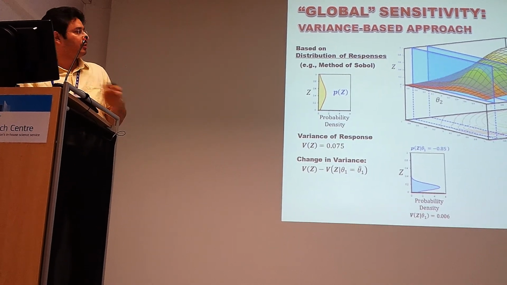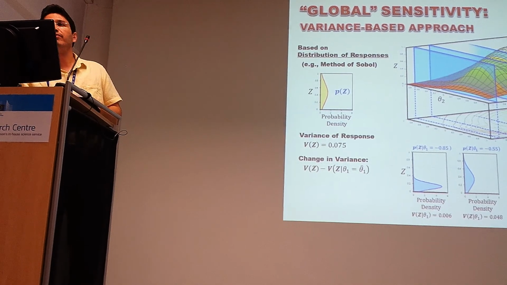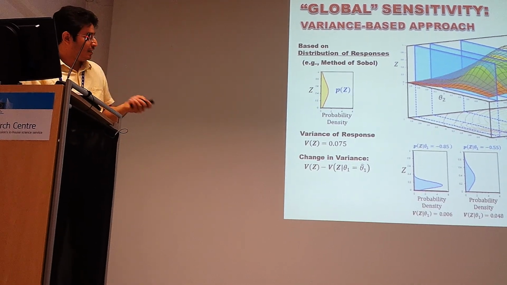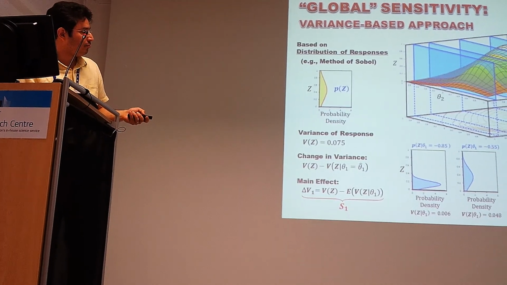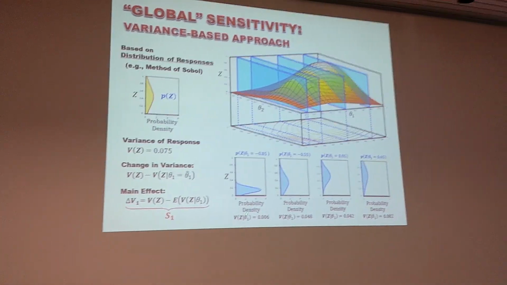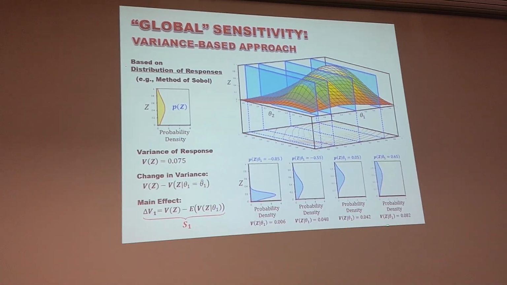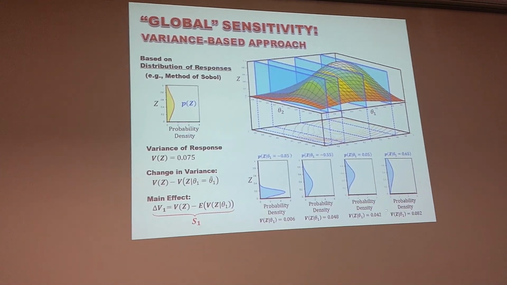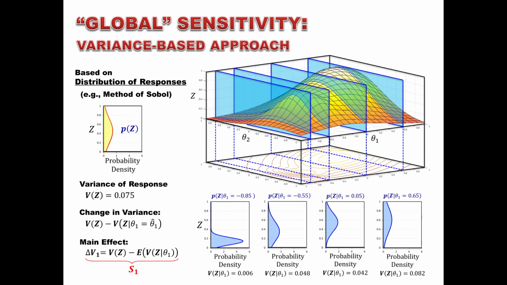But what we could do is repeat the same experiment for different values of theta 1, right? And come up with different conditional PDF functions. And for each, we have a different reduced variance. And it's not that we are reducing the variance all the time.